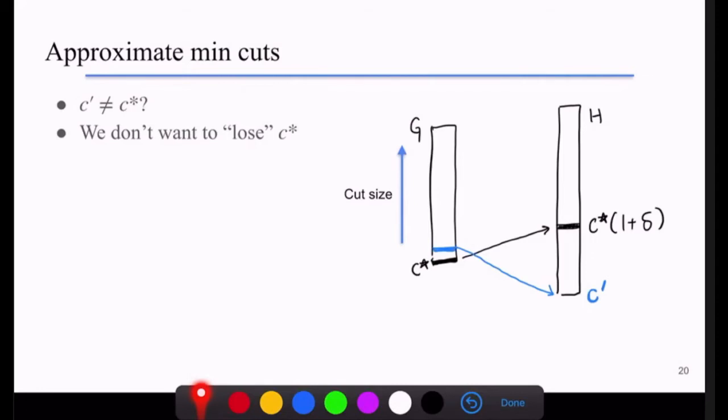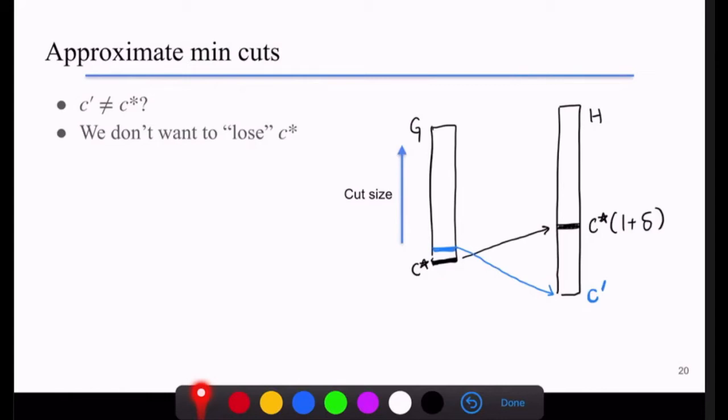Another bad case is when our min cut C star actually increases in our sparsified graph to C star times 1 plus delta, and this is bad because now it looks less like a min cut of H. But we can say, hey, C star can't go up if you're just sparsifying the graph, right? If you're only sparsifying the graph, how does C star go up in size? This might happen because we're now putting weights on the edges. If we increase the weight of an edge, then our min cut might increase. Okay. So yeah.